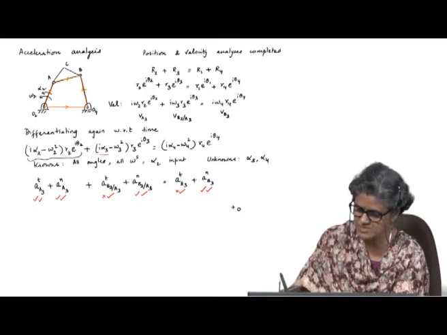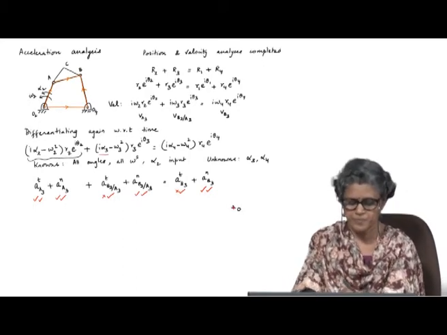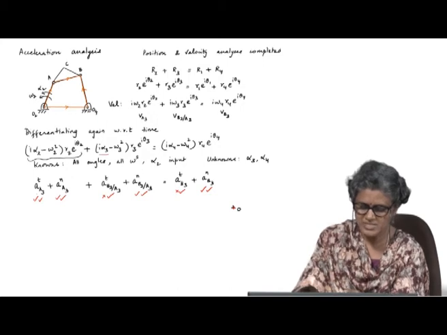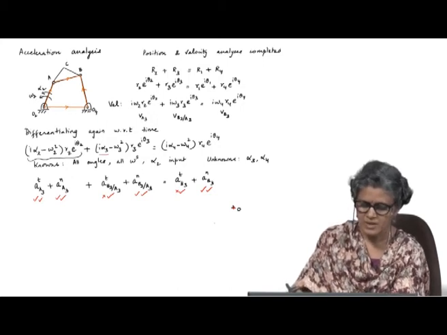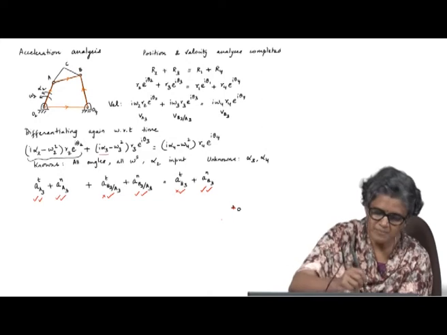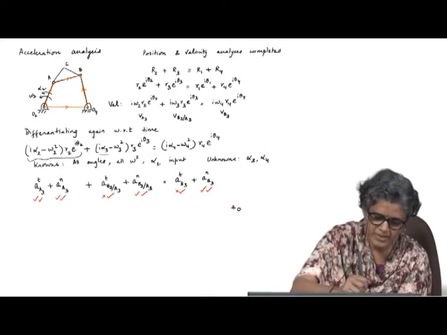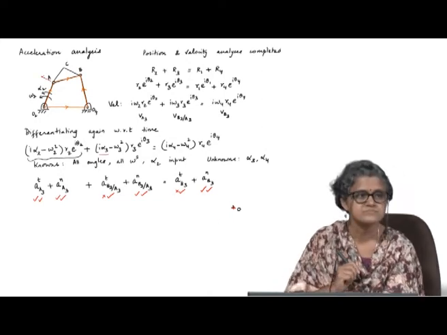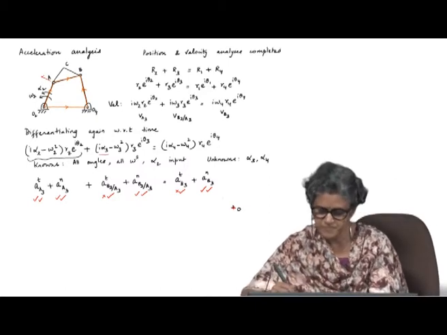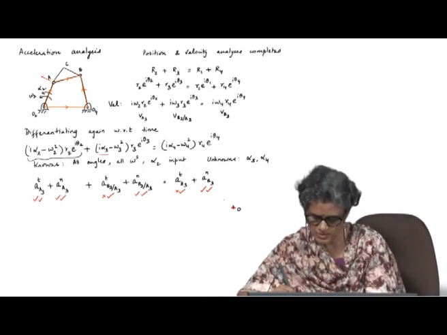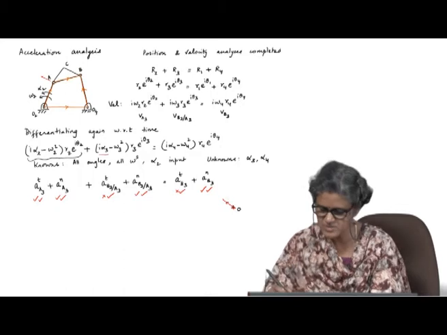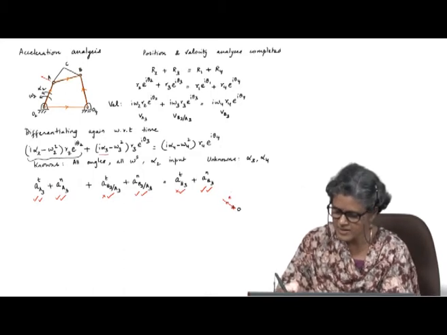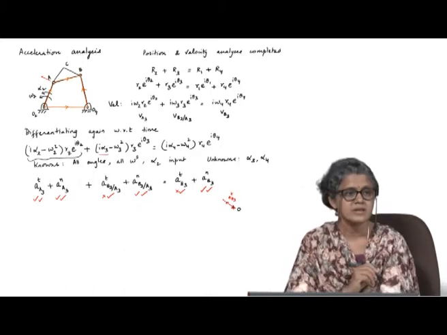So, if this is O, I know the tangential component of this, which would be like this, right, along that direction. So, this is A tangential A3 known.